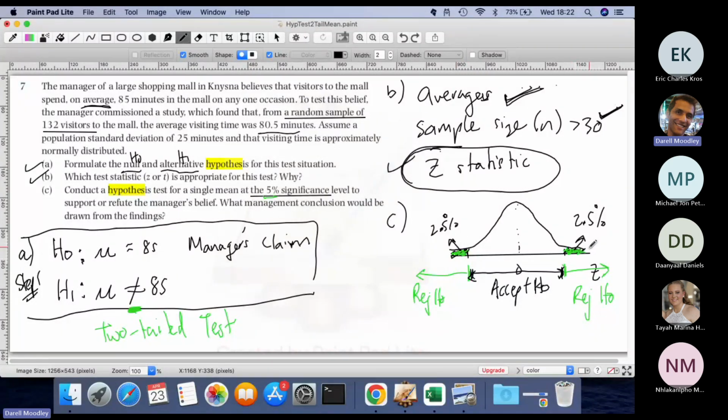And the size of that rejection region is your alpha divided by 2. This 5% is your alpha, your level of significance. We split this into half on the left and half on the right. Okay, now we know the area.